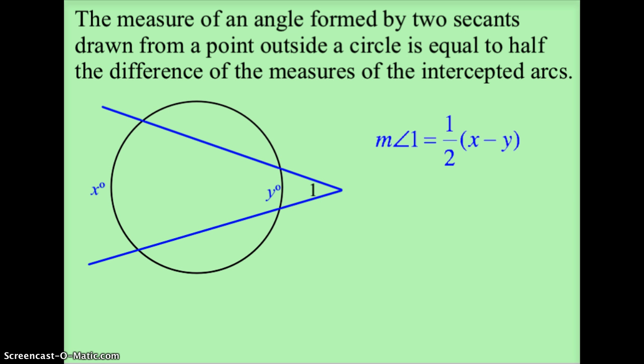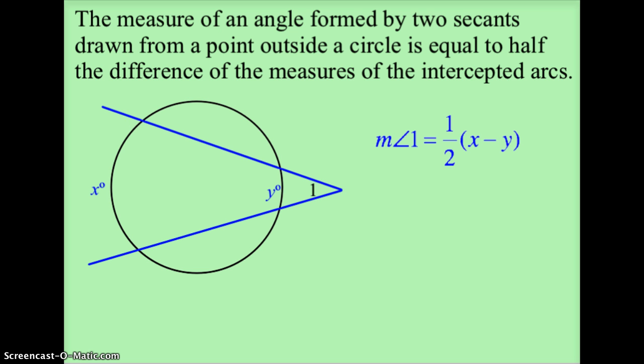Now the next theorem basically just has three different circumstances, but they're all basically the same formula. The measure of an angle that's formed by two secants drawn from the same point outside the circle is equal to half the difference of the measures of the intercepted arcs.